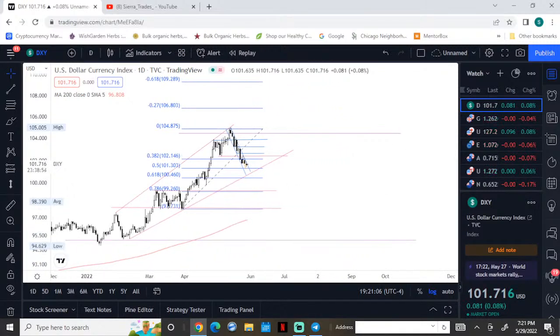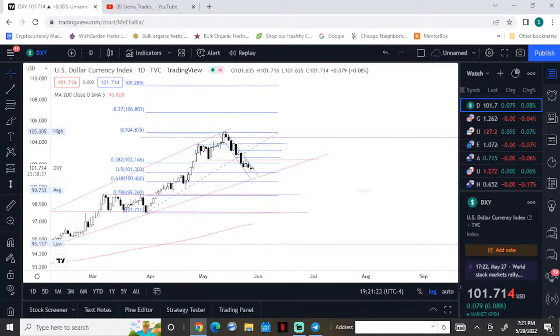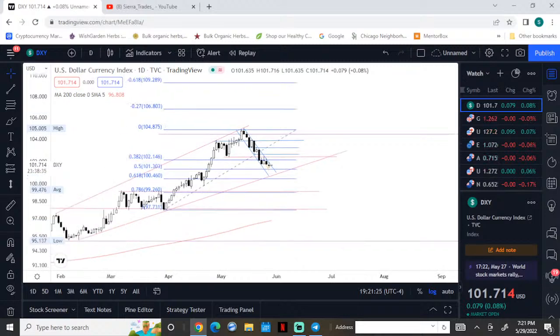So we shall wait and see what the dollar does. Like I said, tomorrow's not going to do anything because it's Memorial Day, but Tuesday. Normally, after the market closes for a holiday, you get a big move because it's like money ramping up.